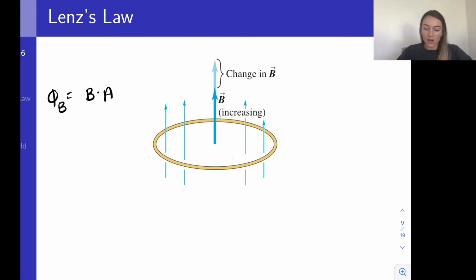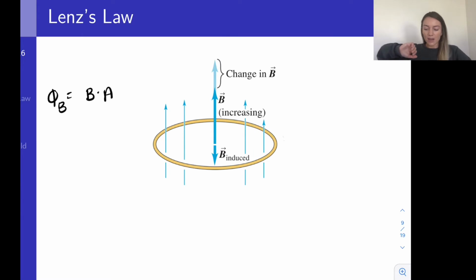So nature is going to want to induce a magnetic field that's pointing in the opposite direction. I increase my magnetic field this much, and nature is going to want to oppose that and create a magnetic field in the opposite direction to try to keep this value of flux the same through this loop. So the way that nature would induce a magnetic field in the downward direction, we have to think of our right-hand rule.